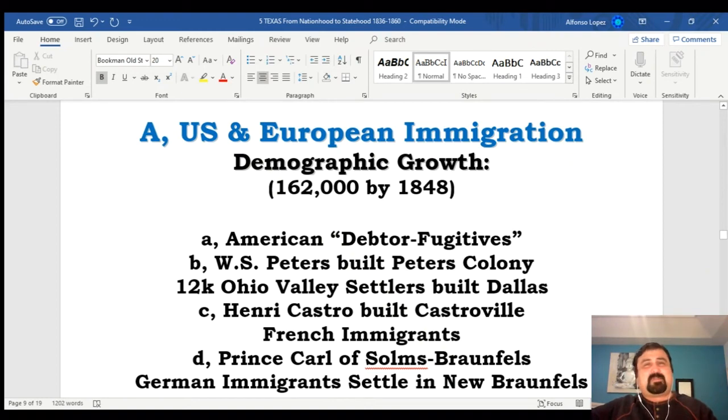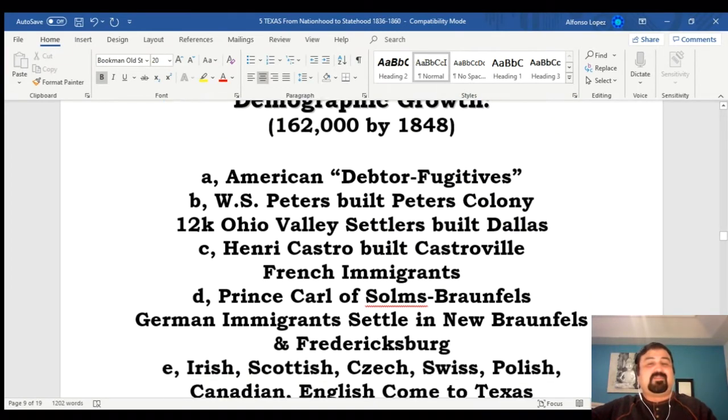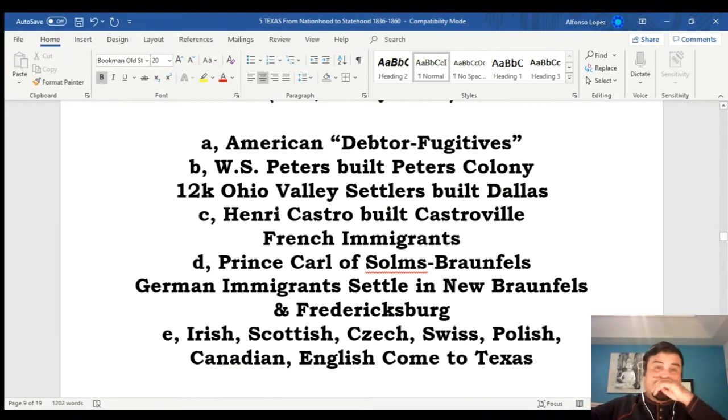But this explosion of population was due to immigration, particularly from Americans and some European groups that are arriving. Particularly, the Americans arrive in great numbers. One of the factors, again, it's not the main factor, but one of the factors that bring Americans into Texas is the fact that a great many of them were known during this time as quote unquote debtor fugitives.